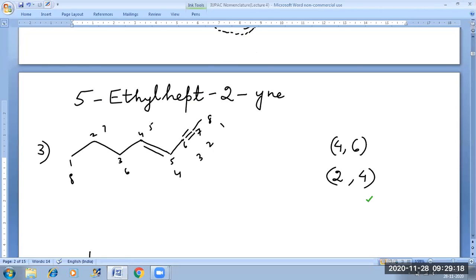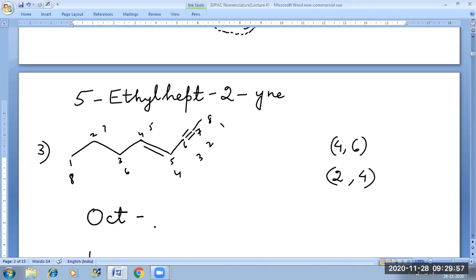8 is the longest chain. So oct. Now, if a compound contains both double and triple bonds, then the name should end as a triple bond. That means the name should end in "-yne", Y-N-E. If it has to end in "-yne", that means before that I'll have to put the other things. So before that I'll have to put the double bond.